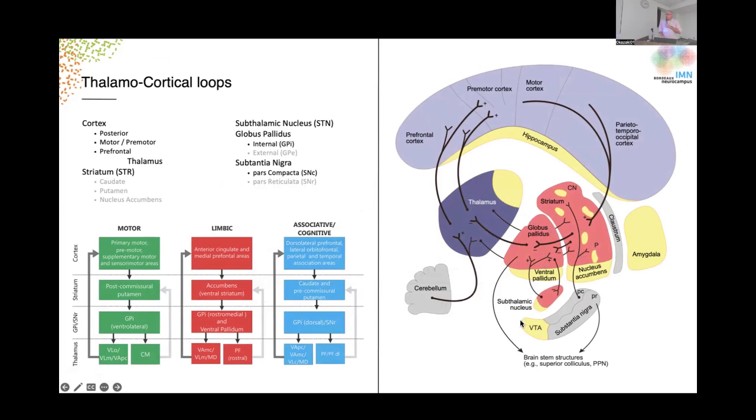Cerebellum is probably involved, but we don't talk about it today. Other structures like amygdala or hippocampus are also involved, but we will not deal with them. So we mainly focus on these loops that encompass cortex, basal ganglia, and thalamus. Another important thing to know is that this loop is segregated into different functional pathways: motor, limbic, and associative and cognitive. We will come back to this at some point.